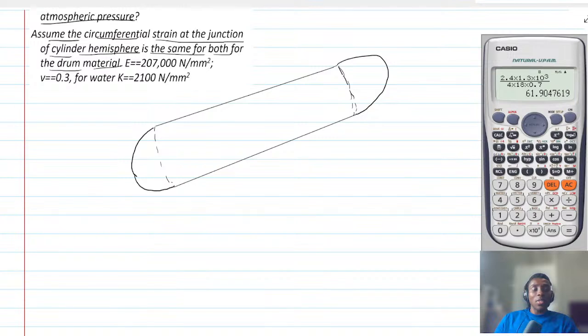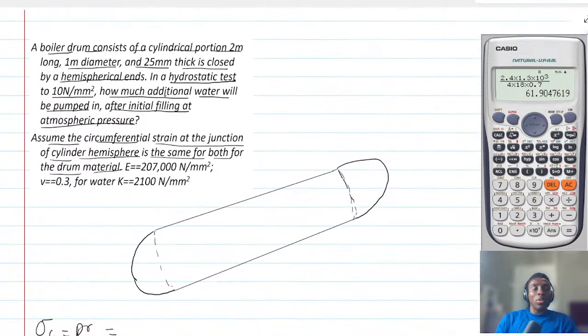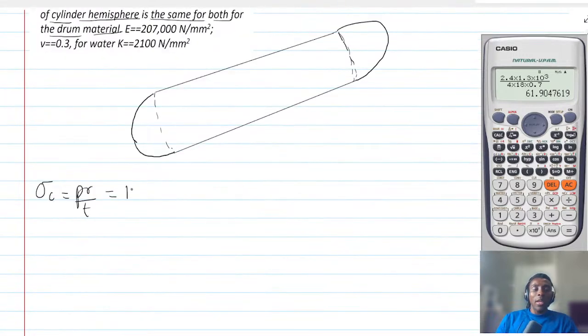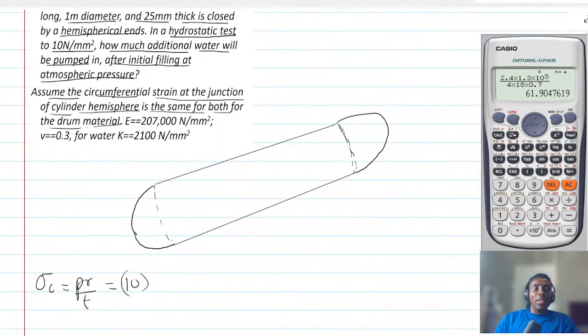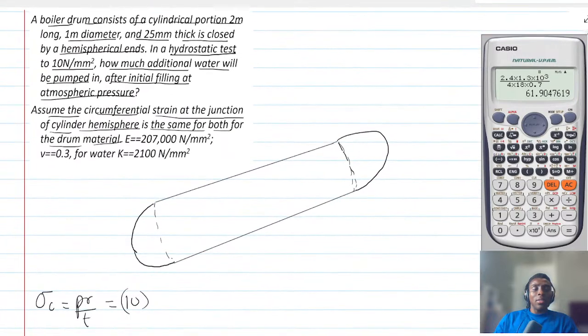The hoop stress, which is also the same as the circumferential stress, is simple: PR over T. So it's going to be the internal pressure, which was initially 10 Newton per millimeter squared, so 10, and then R.